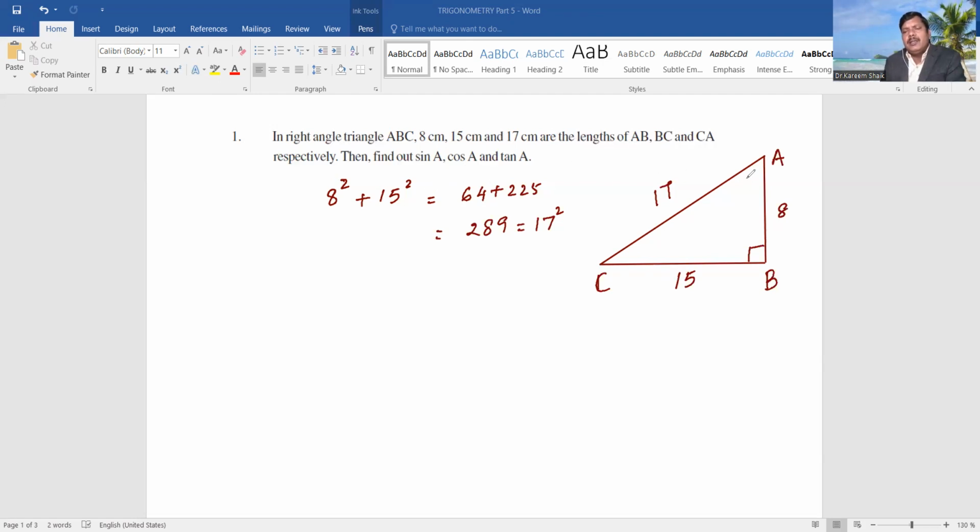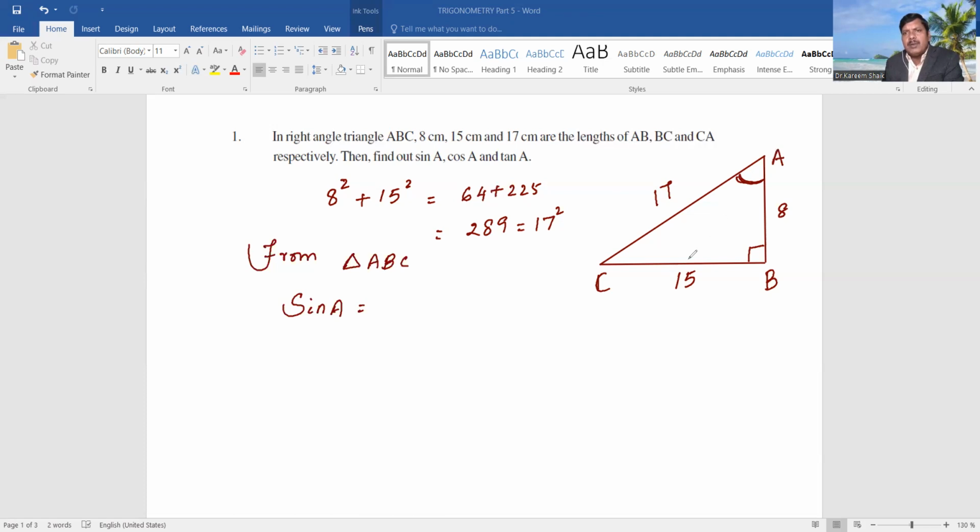That means the sine of the angle at vertex A. Observe from triangle ABC, we know that sin A, the sine ratio, is nothing but the side opposite to the angle upon the hypotenuse.